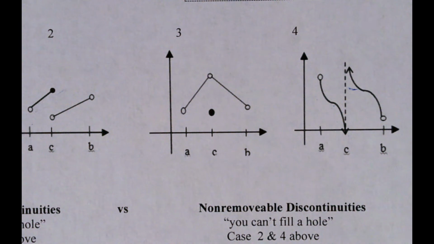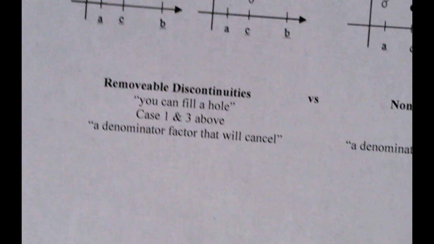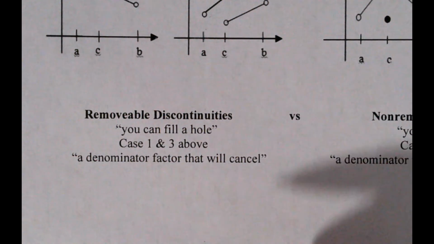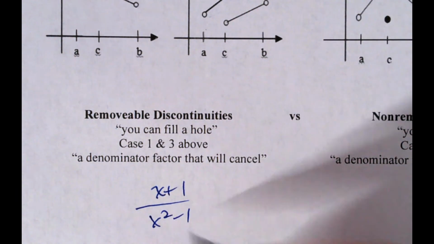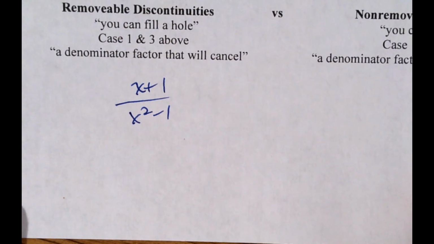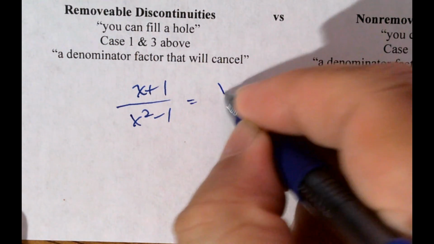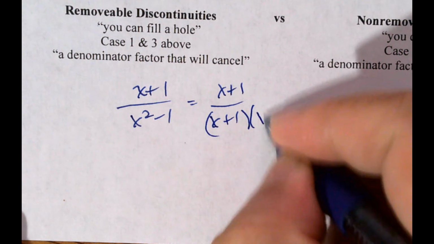Now, there's an algebraic way where we could talk about whether there's a removable discontinuity. The algebraic one is something like this. If I have x plus 1 over x squared minus 1, that's going to be a removable discontinuity. What does that mean? If I rewrote this as x plus 1 over x plus 1 times x minus 1.